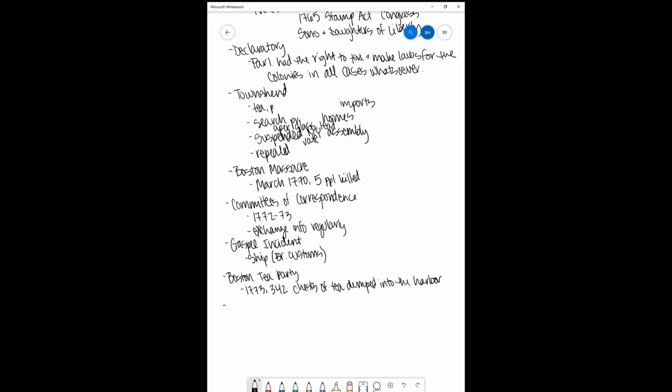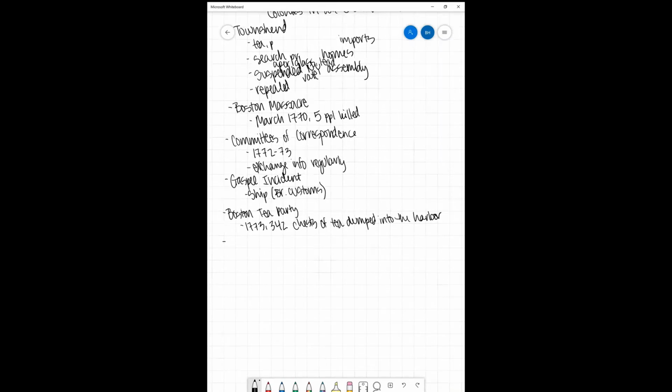So then, in reaction to a lot of what Boston had done, you then have the Intolerable Acts. And the Intolerable Acts were actually a series of different acts, including the Coercive Act, and then a new Quebec Act as well.